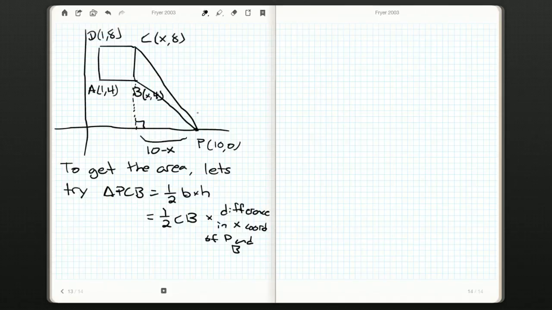And this will be a height of 4, so we could use that in some other way of doing the question. But I like simplest way is probably the best way. So, length CB times 10 minus x.